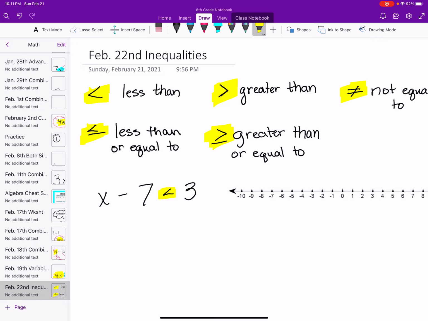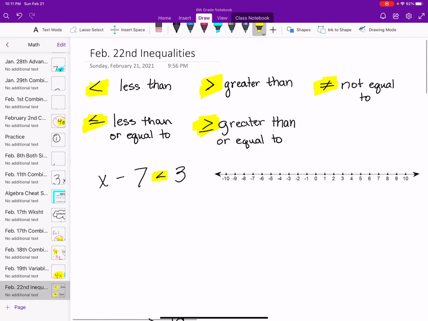So if I'm solving this first example like a normal algebra problem, I want to get my x by itself, so I'm going to do the opposite of minus 7, which is plus 7 on each side. And then I get x and 10, and I just leave the less than sign that I have.